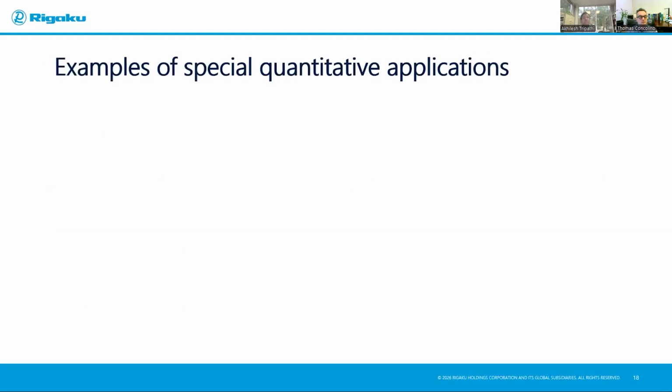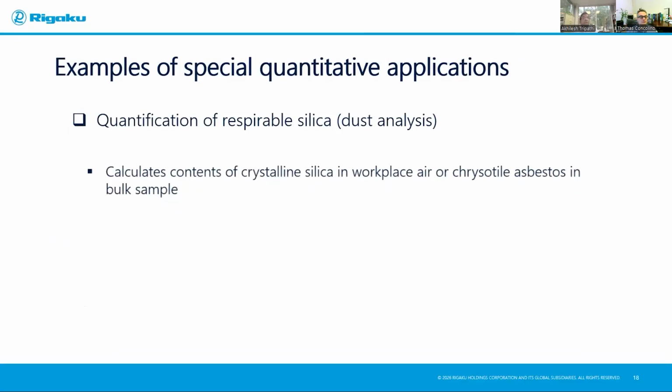Examples of special quantitative applications. You can develop a part of the software to do specialized quantitative applications, such as one known as respirable silica, or dust analysis. There is a dedicated, usually a software routine to do that. What we do in this is calculate the crystalline silica in workplace air or chrysotile asbestos in bulk sample, just to ensure that the air quality is to an intended level and not below it.